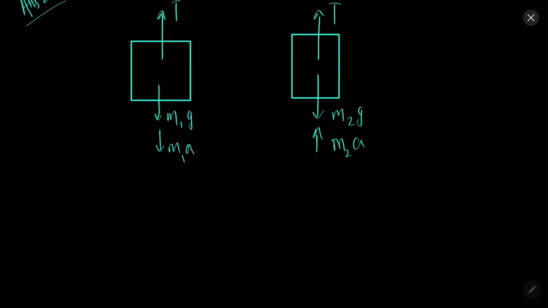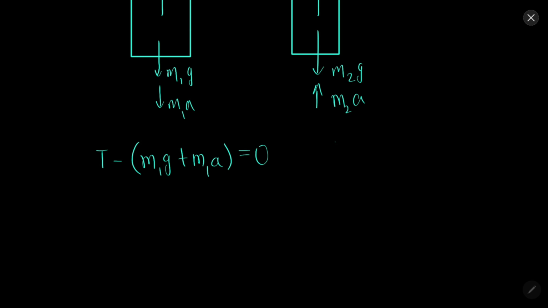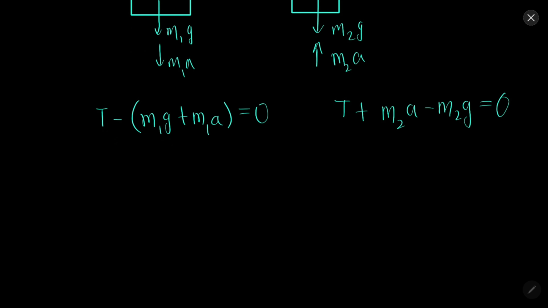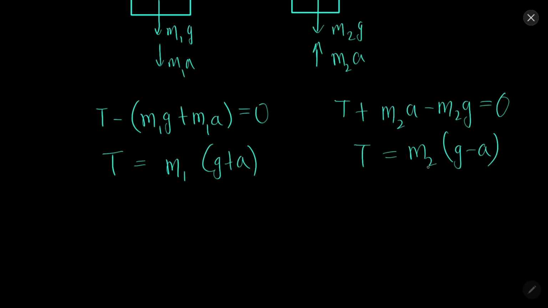m2a. So ultimately the equations we will have is T minus m1g plus m1a equal to 0, and T plus m2a minus m2g equal to 0. So from this T will be m1 times g plus a and T equal to m2 times g minus a.